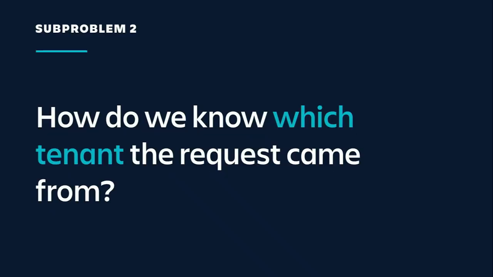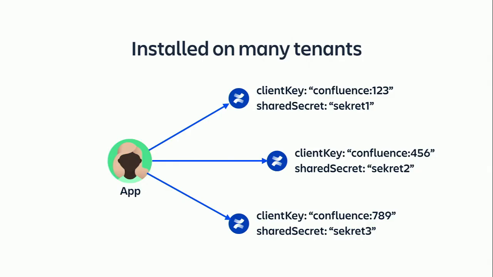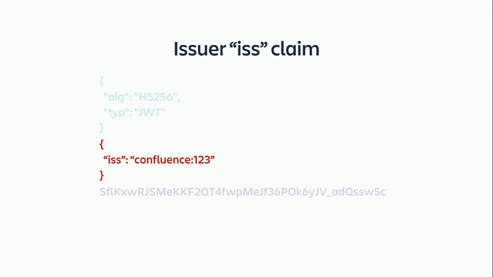But how do we know which shared secret to use to verify an incoming request or generate a request? We need to know the tenant that sent the information. Our app can be installed on many different tenants. Each one has a different unique client key and a different associated shared secret. So it's easy. We put that information into the JSON payload of our JWT token.